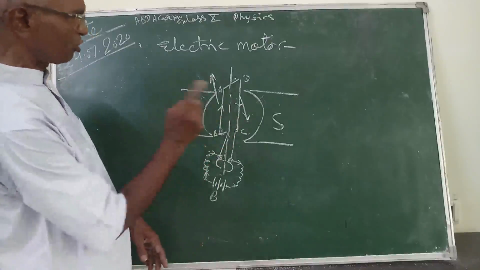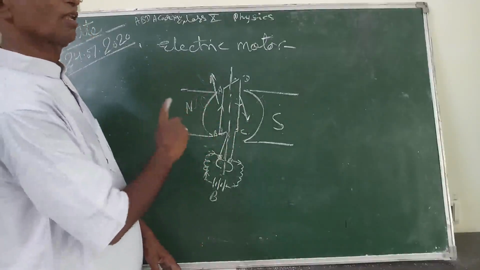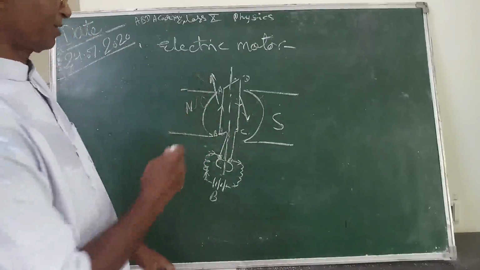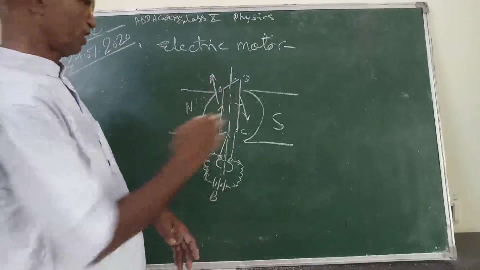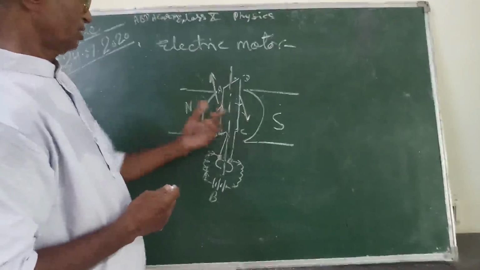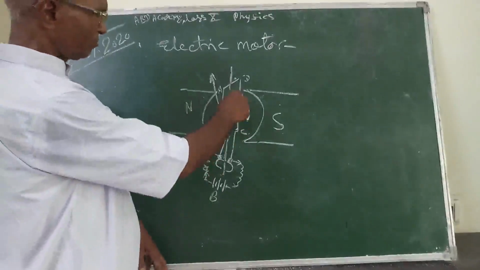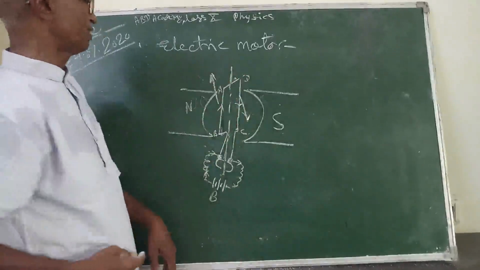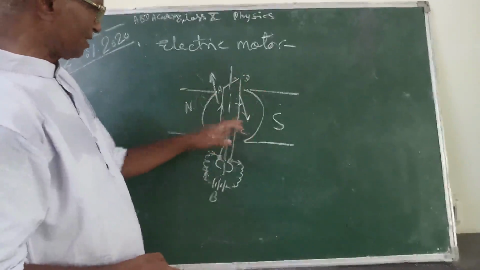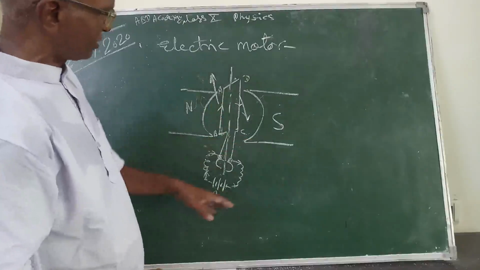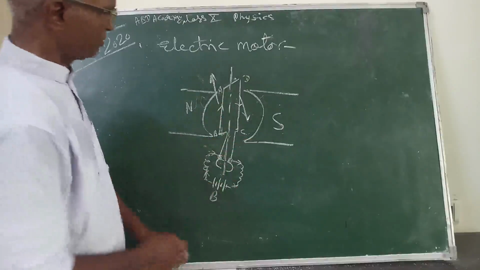So the coil is rotated here in the clockwise direction, as a clock rotates. After one half rotation, DC comes here and AB takes its place because it is free to move.